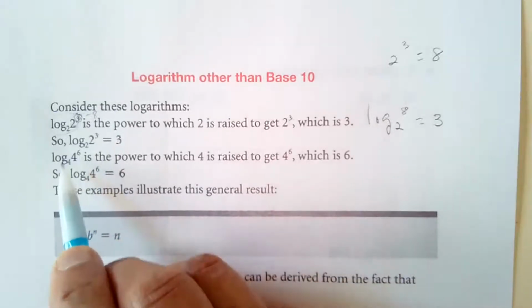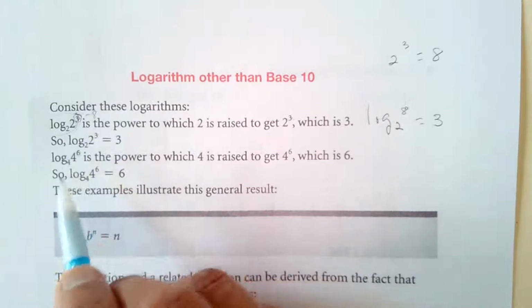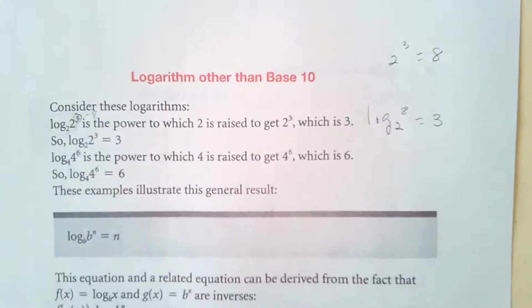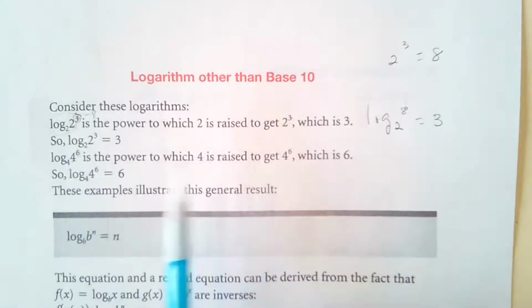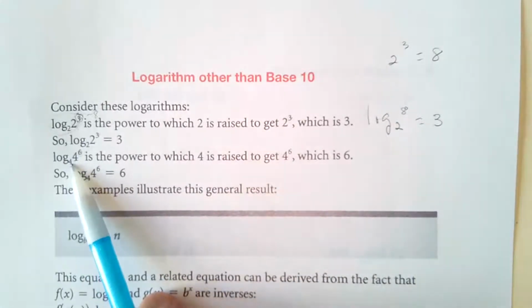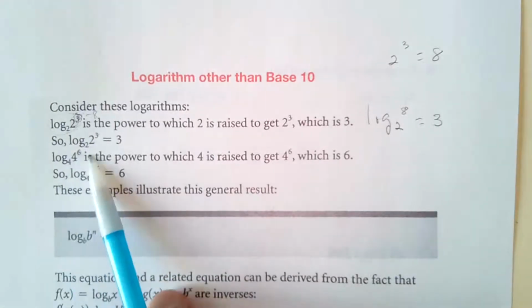Here's another example. Log base 4 of 4 to the 6 is equal to 6. It is the power to which 4 is raised to get 4 to the 6. How many times do I multiply 4 by itself to give me 4 to the power 6? The answer is 6.